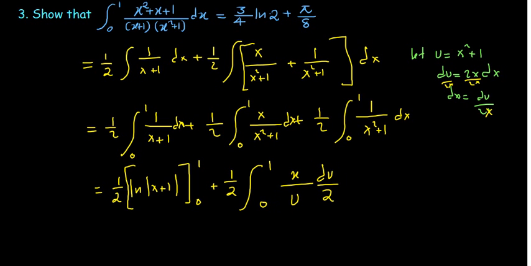Okay, and then we have got plus 1 over 2. Now for this last one here, when we talked about the derivative of inverse trig functions, the derivative of tan inverse of x, we saw that it was 1 over x squared plus 1.